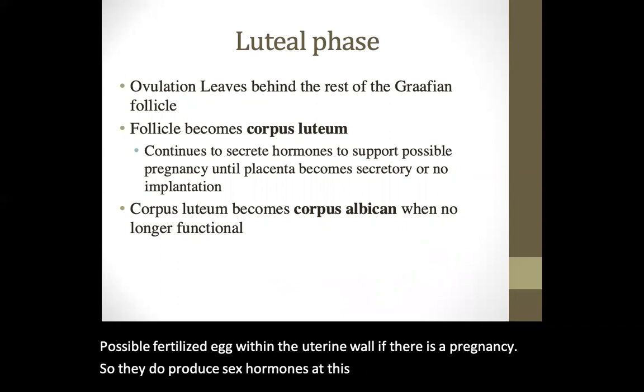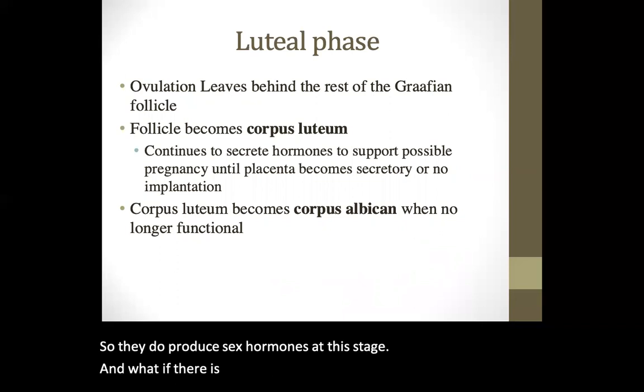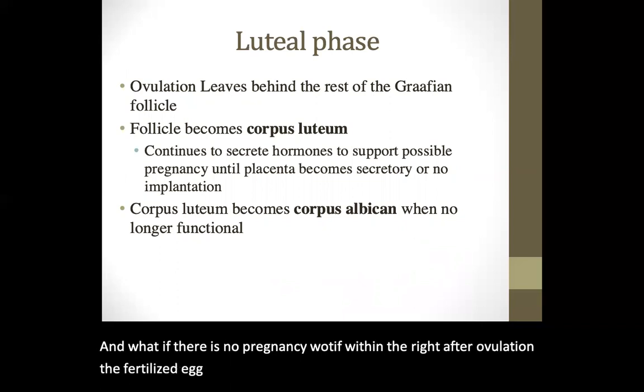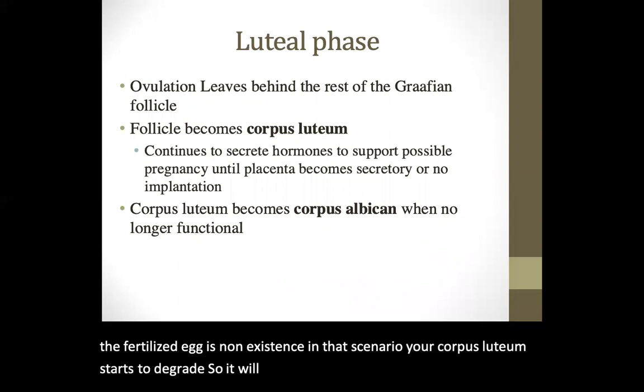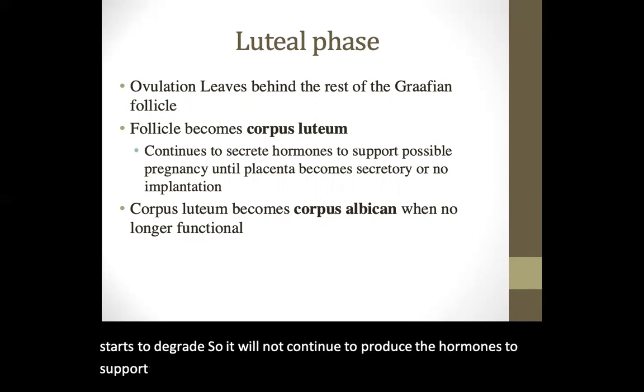And what if there is no pregnancy? What if, right after ovulation, the fertilized egg is non-existent? In that scenario, your corpus luteum starts to degrade. So it will not continue to produce the hormones to support a possible pregnancy because the chance is already gone by.